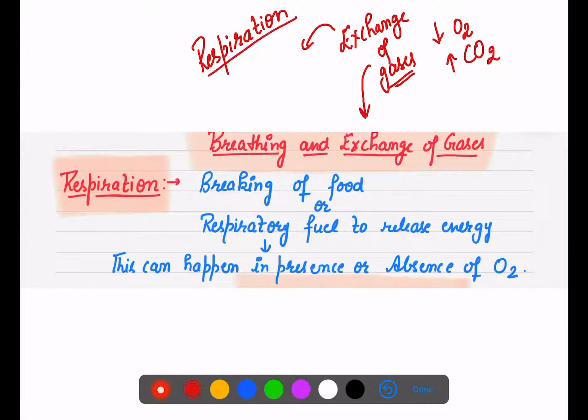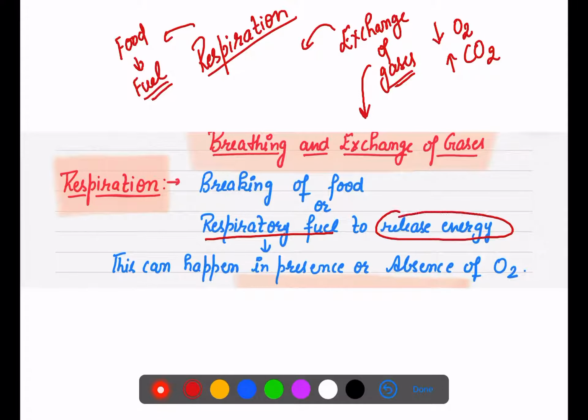So what is respiration? You know the basic idea, that it is the breaking down of food. And food is your fuel, because it gives you energy. So when your respiratory fuel breaks down to release energy, that is called respiration.